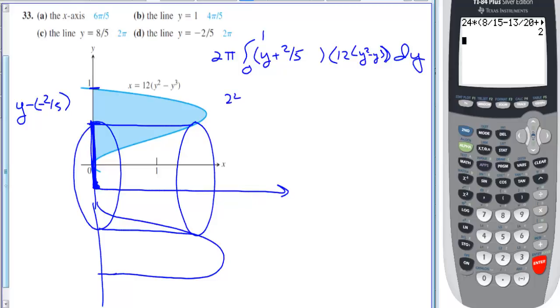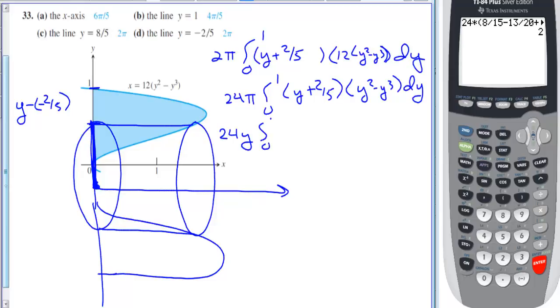So we have 24 pi, 0 to 1 of y plus 2/5, and then we'd have y squared minus y to the third, dy. 24 pi, 0 to 1, we have y to the third minus y to the fourth. First, outside, inside, plus 2/5 y squared.